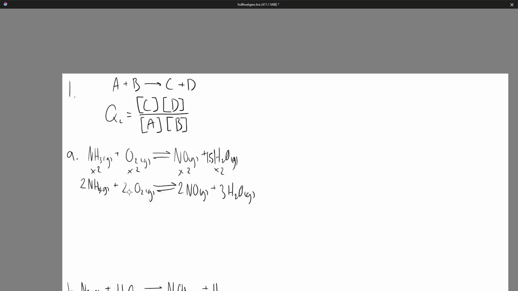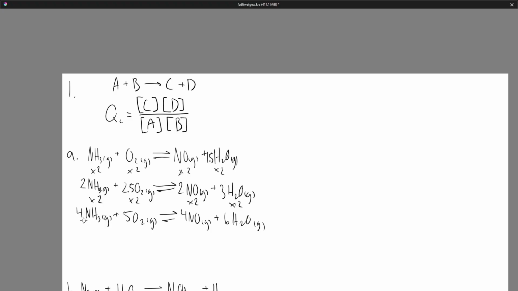So in order to balance that out, we put 0.5 in front of the oxygen gas. Now that makes another fraction, which we want to get rid of again by multiplying everything by 2 again. So now it's 4 ammonia gases, 5 oxygen gases, 4 nitrogen monoxide gases, and 6 water vapors.